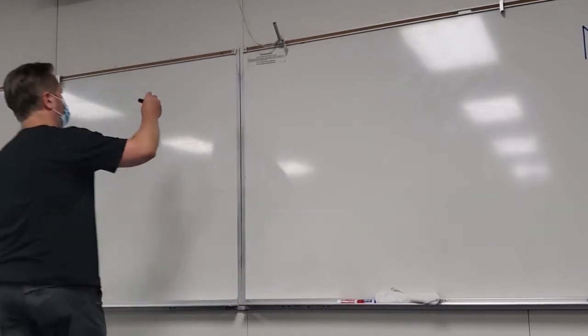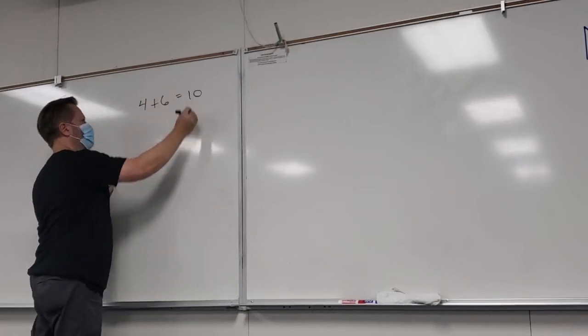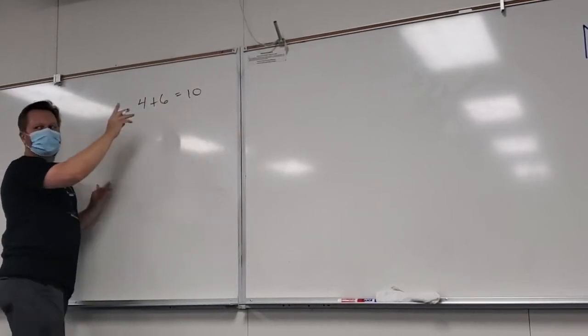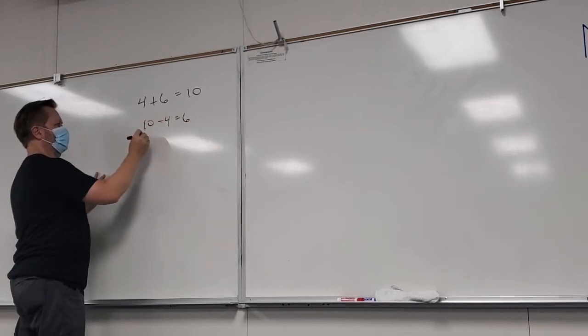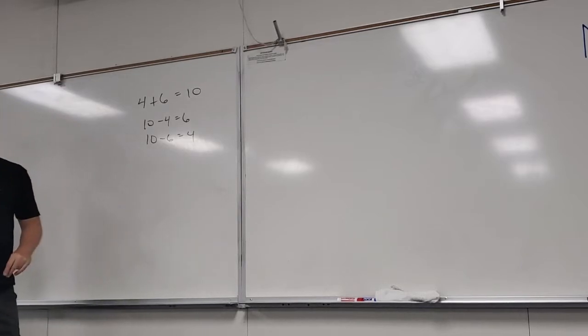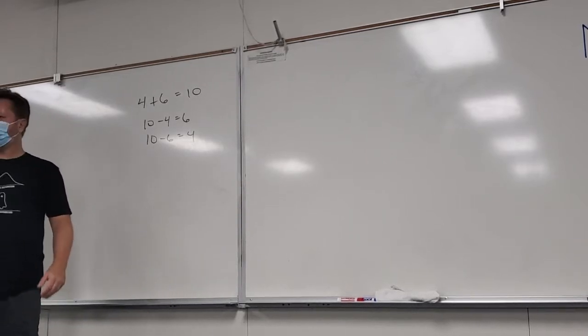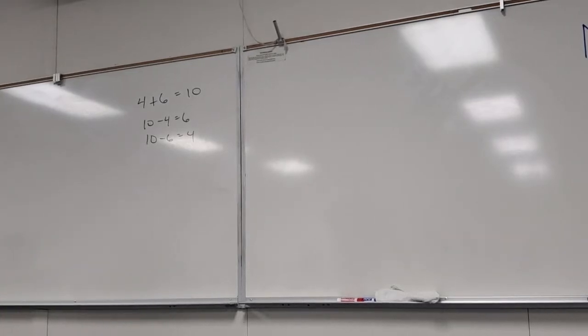For example, 4 plus 6 is 10, correct? This leads to 10 minus 4 is 6. This also leads to 10 minus 6 is 4, right? Now we just need one more fact to make this a 4-fact family. 6 plus 4 equals 10. Yeah, you could call it commutativity. Exactly.